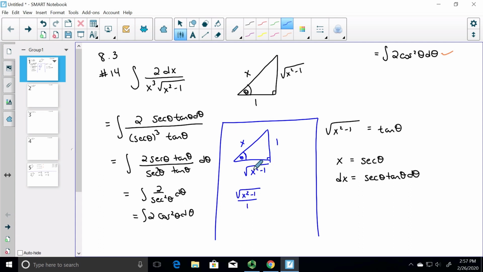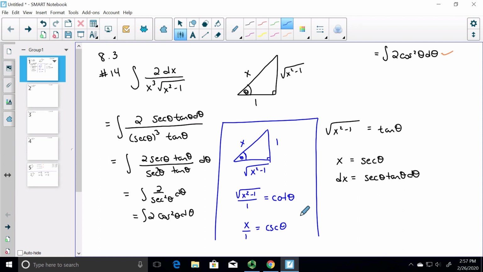So I would have adjacent over opposite. Adjacent over opposite would be cotangent. And then to get the x, I have x over 1. Again, you always pair it with the constant. You always put the variable on the top. And so that would be hypotenuse over opposite, which is cosecant.